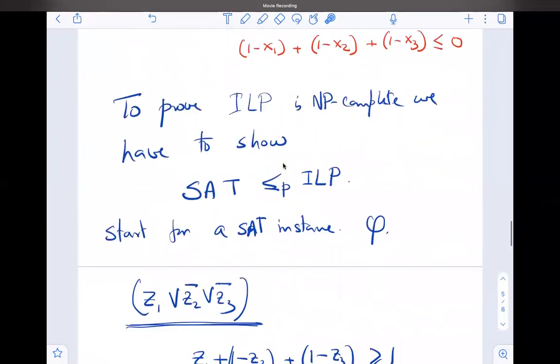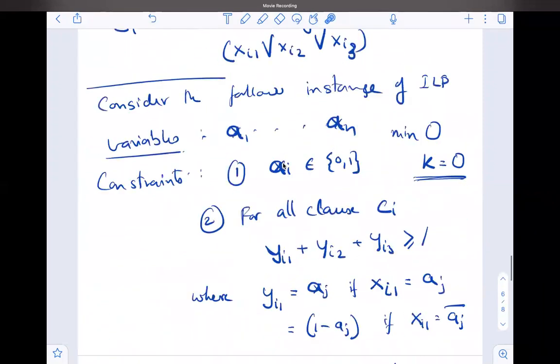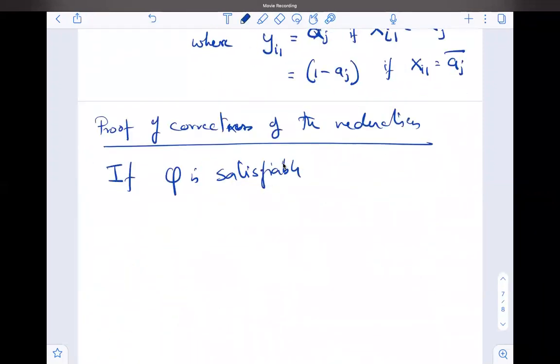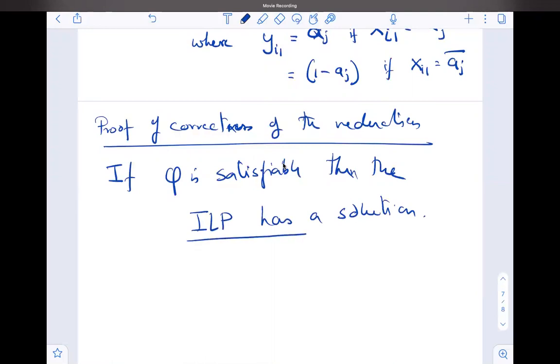So here, therefore, what you have to prove is the following. If phi is satisfiable, then the ILP has a solution, which means the constraints are satisfied.